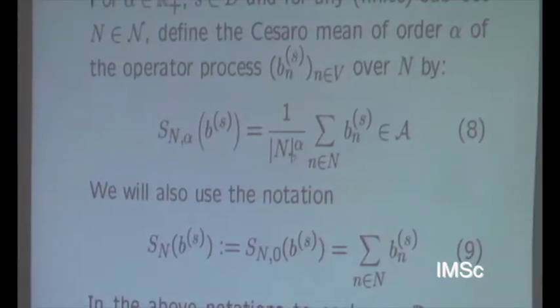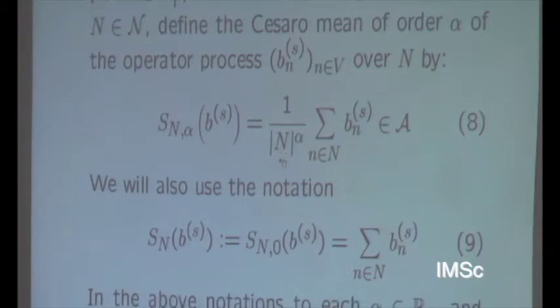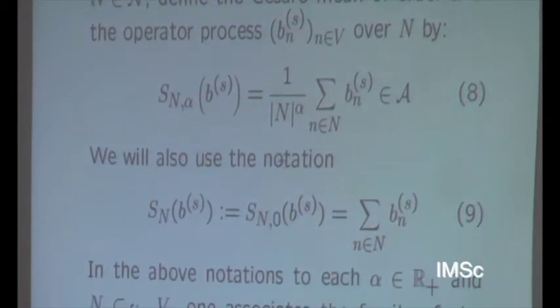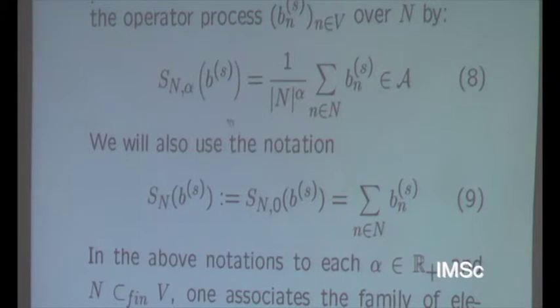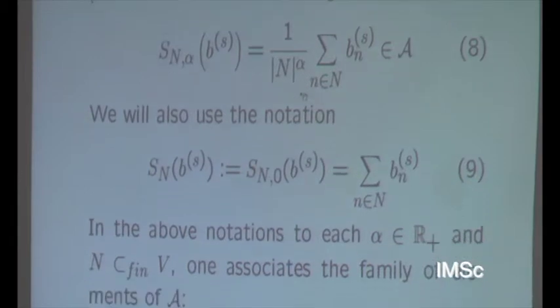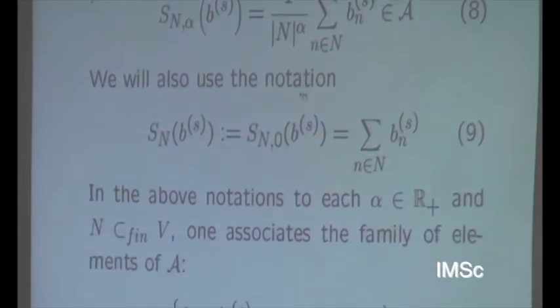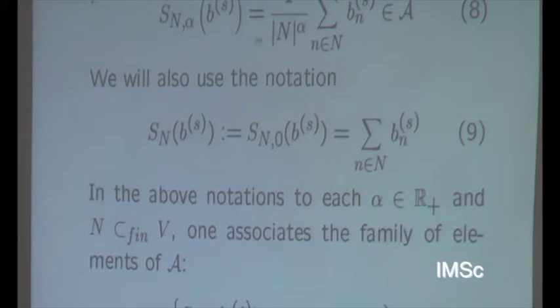And the bar here means cardinality. This is the cardinality, for example, finite volume in statistical mechanics. So we define the normalized sum with the exponent alpha. And if alpha is equal to 0, so we only consider the sum, we simply write Sn.